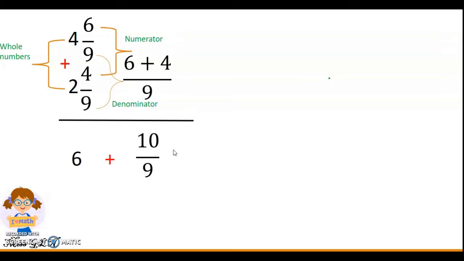But since our fraction here is an improper fraction, we can convert this to a mixed number because the value of an improper fraction is more than 1. So 10 over 9 can be 9 over 9 plus 1 over 9, a whole and a part of a fraction.